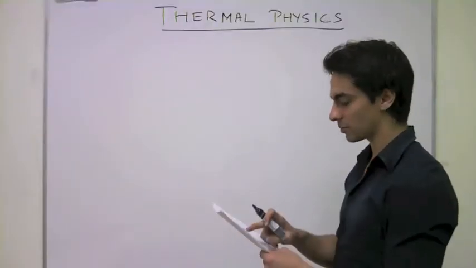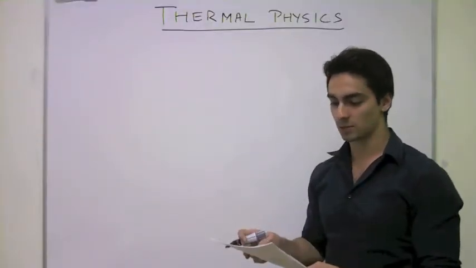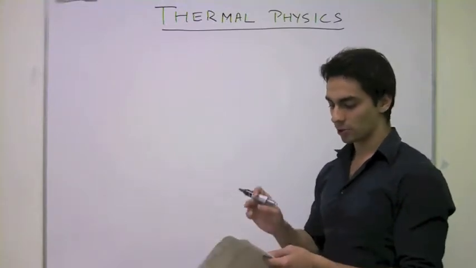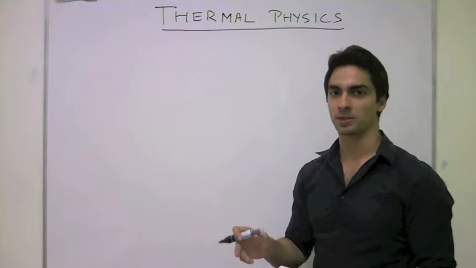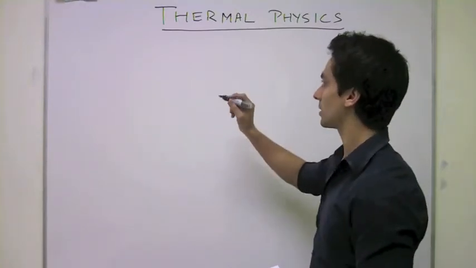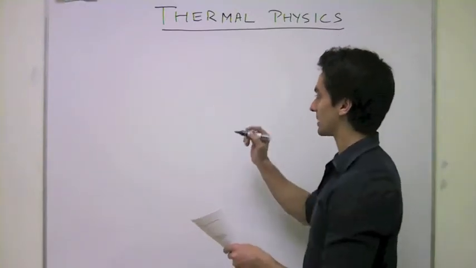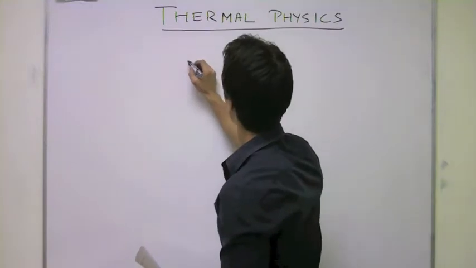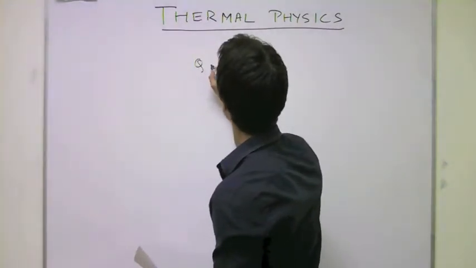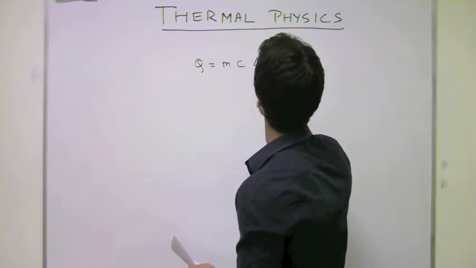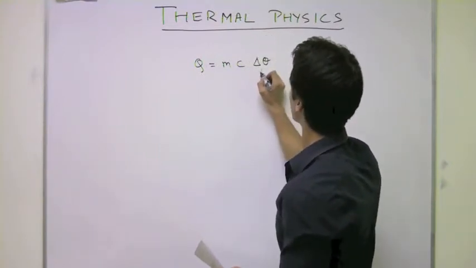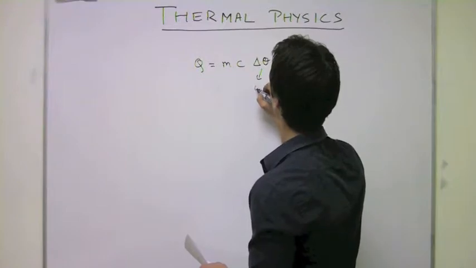The second portion of thermal physics is thermal properties of matter. 3.2.1 is defining specific heat capacity and thermal capacity. So you want to tell the difference between specific heat capacity and heat capacity. You have Q equals mc delta theta. Delta theta here is the change in temperature.